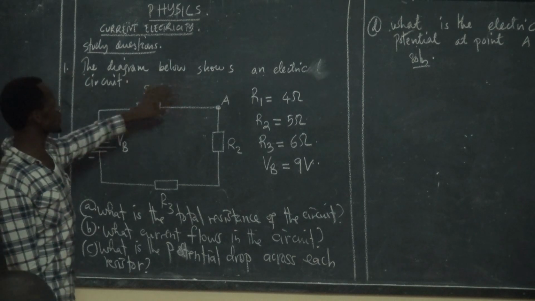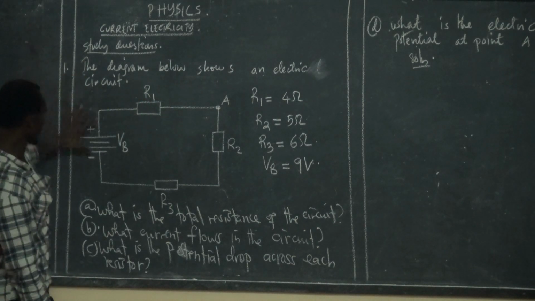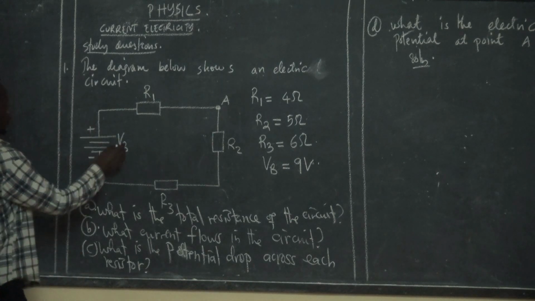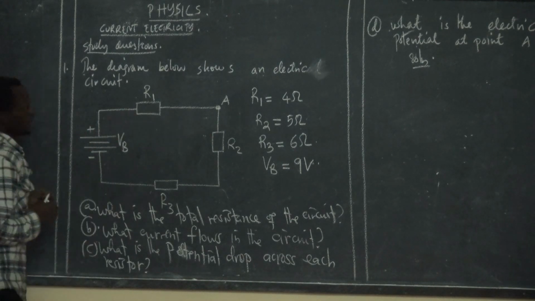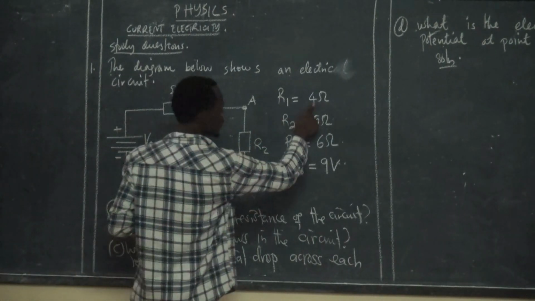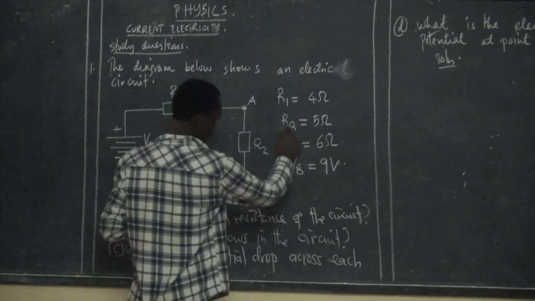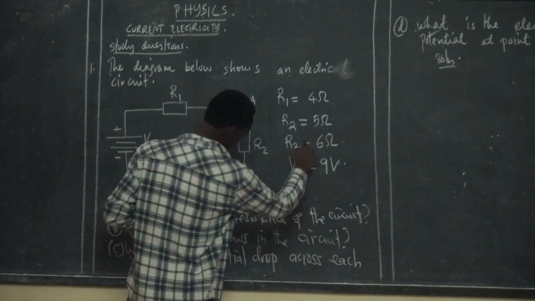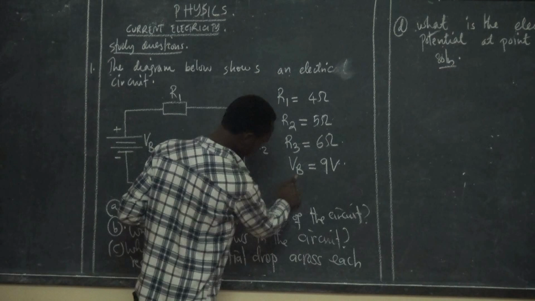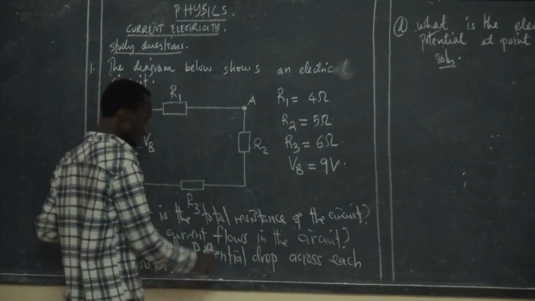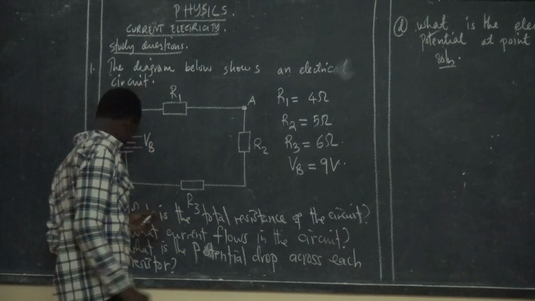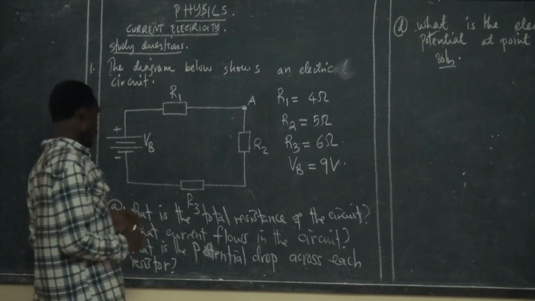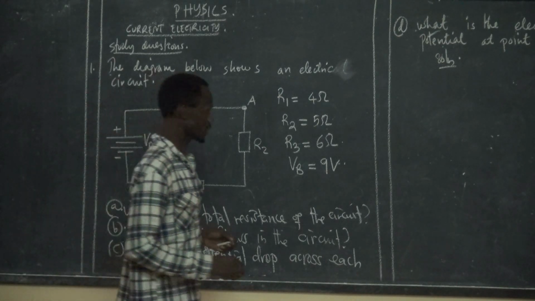The diagram below shows an electric circuit. This is the voltage across the battery. Now, resistance 1 is equal to 4 ohm, 2 is 5 ohm, 3 is 6 ohm. VB, the voltage across the battery, is 9 volts. Question A: what is the total resistance of the circuit?